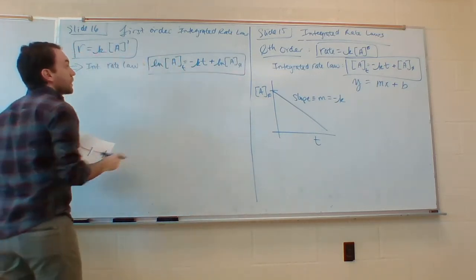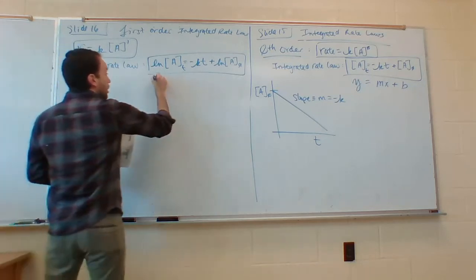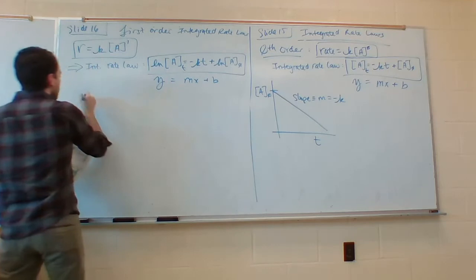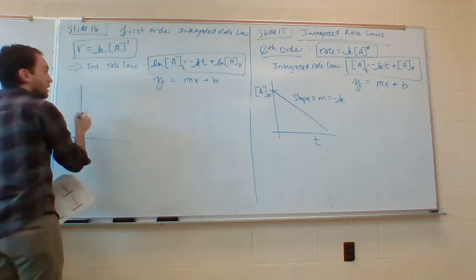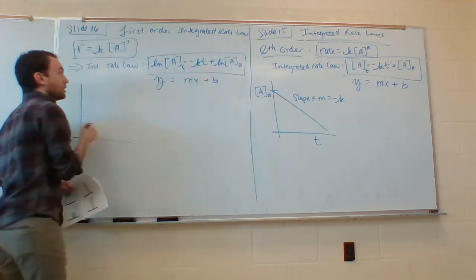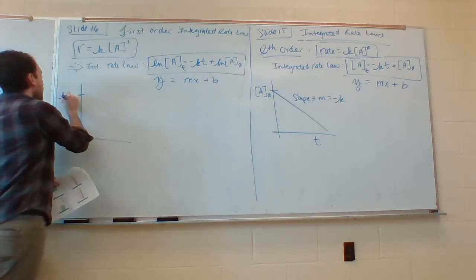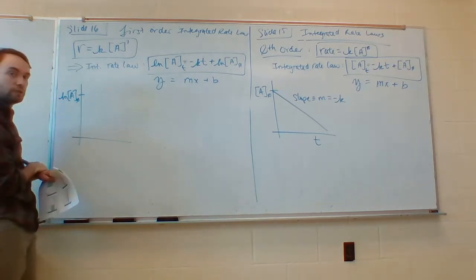Now, this is also in that form y equals mx plus b. So if we were to plot this, our y-intercept would be at the ln, or the natural log of our initial concentration. That's where we start.